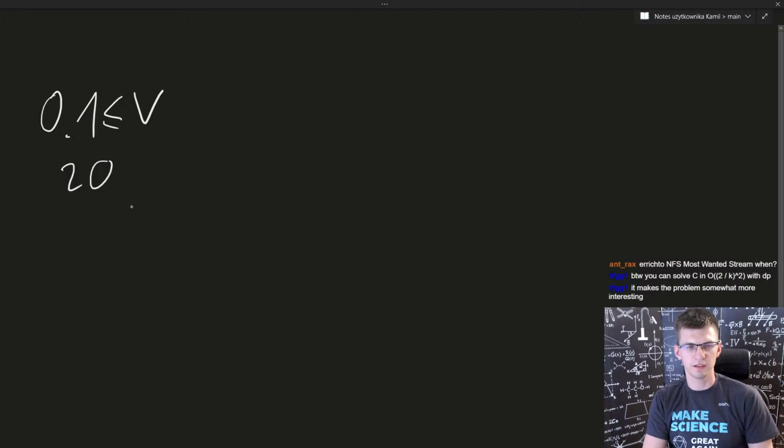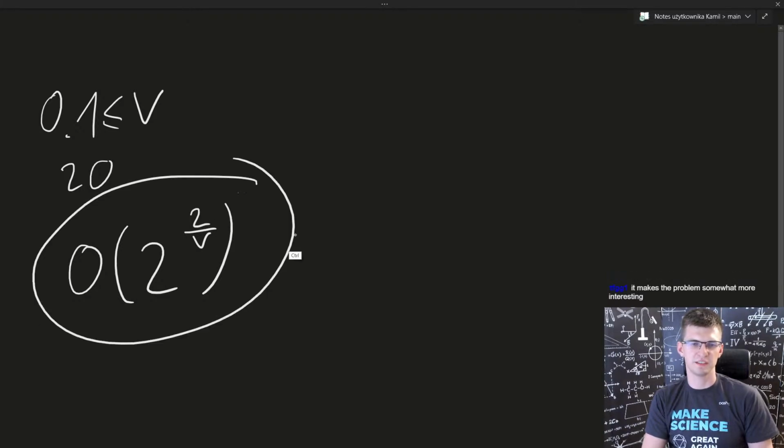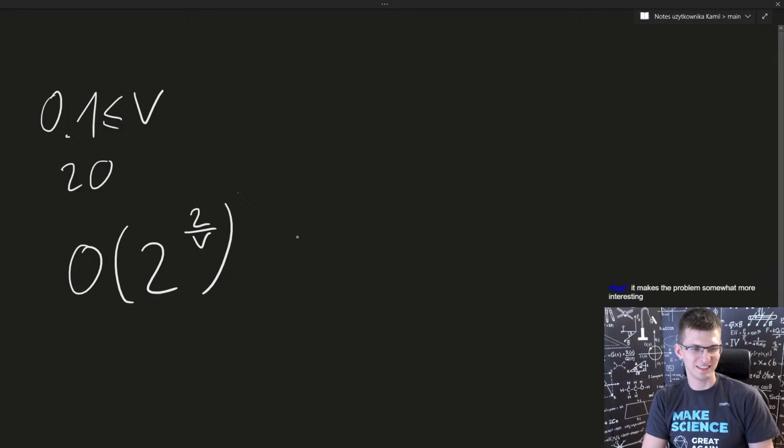So the complexity is 2 to the power of, 1 divided by V, no, 2 divided by V. That's the time complexity. I never saw this time complexity. That's interesting. Is there another way to write it?